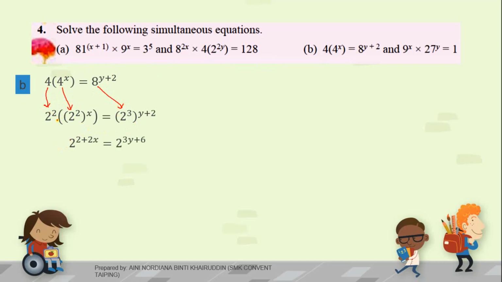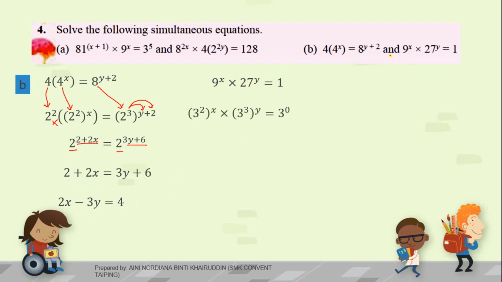So 2 plus 2x, this one we expand. So we multiply the index, so 3y plus 6. Since this is the same base, the index is also the same. So 2 plus 2x equals 3y plus 6. So this is the first equation.